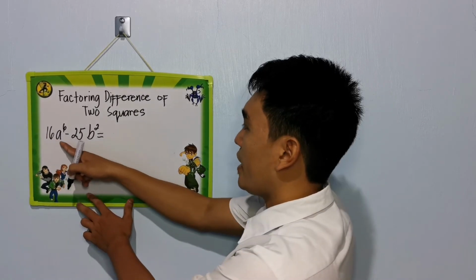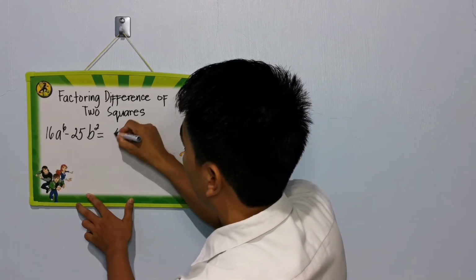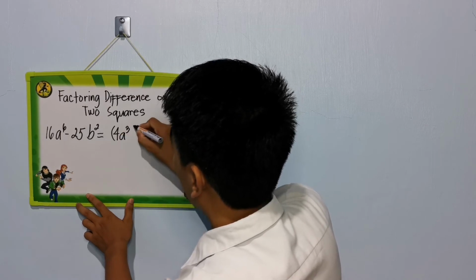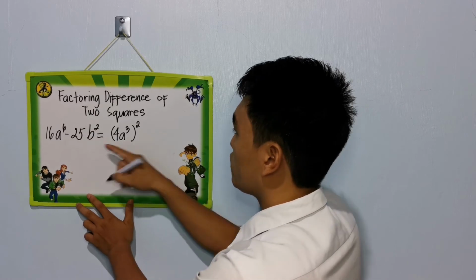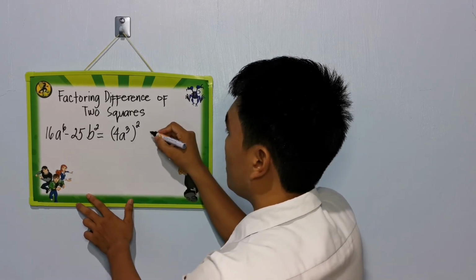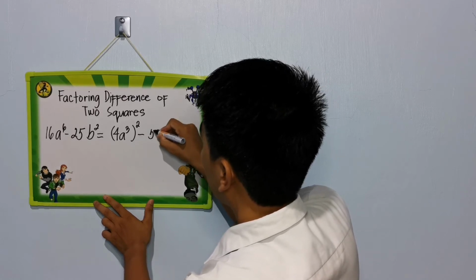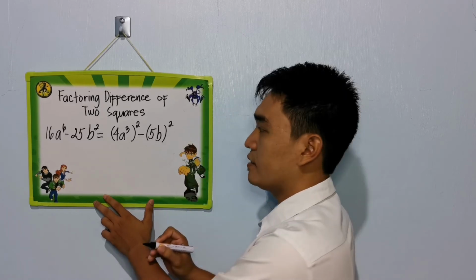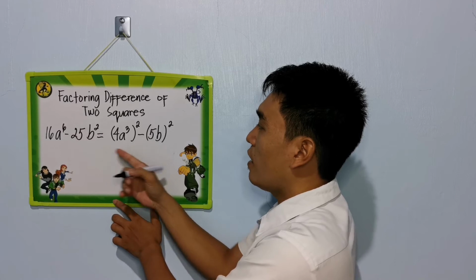So 16a to the 6th power can be written as 4a cubed, the quantity squared, while 25b squared can also be written as 5b, the quantity squared.